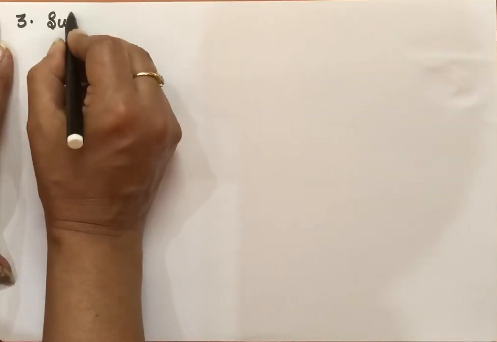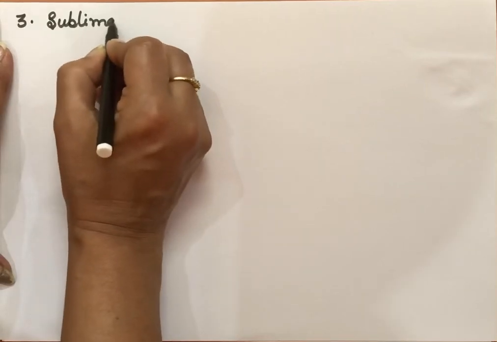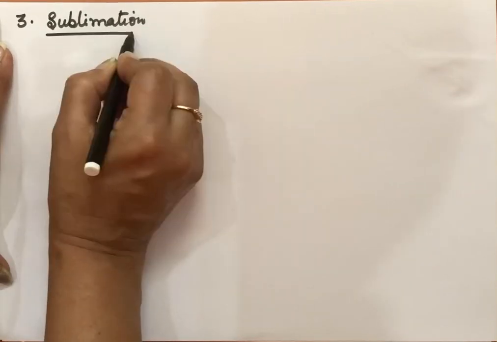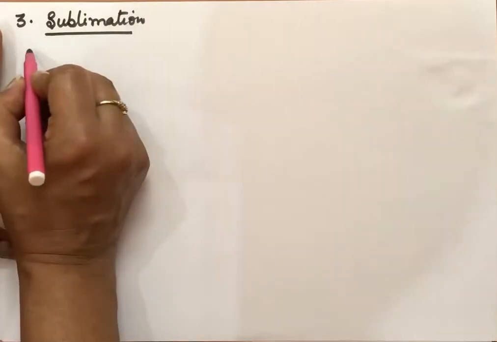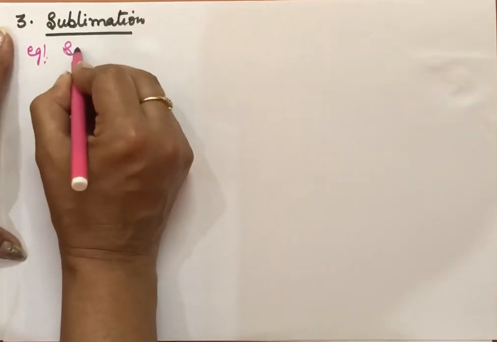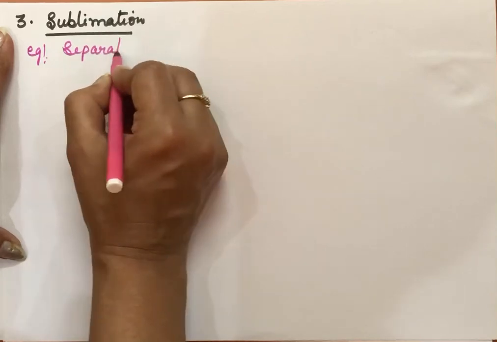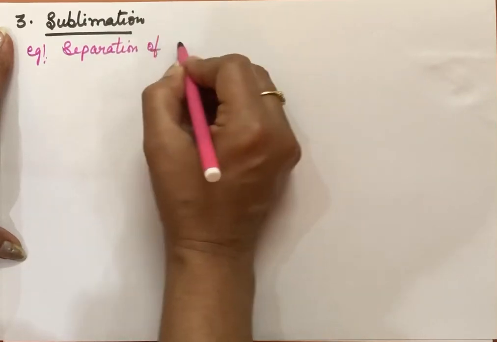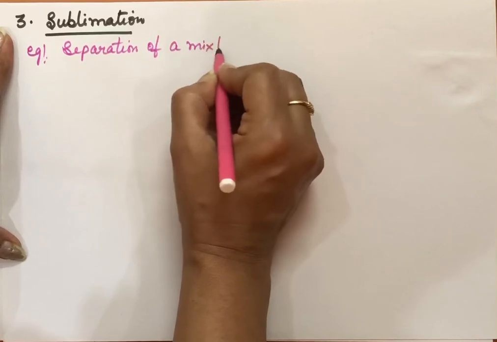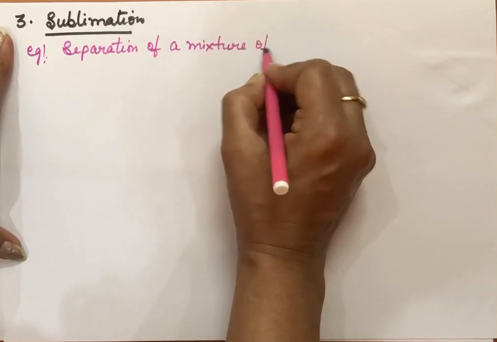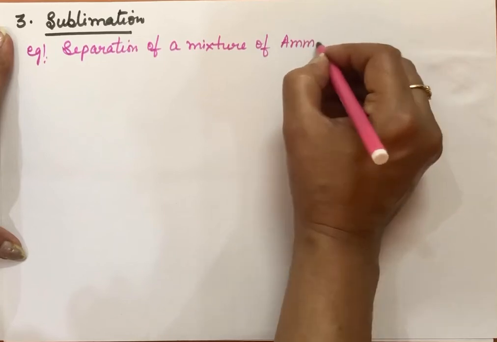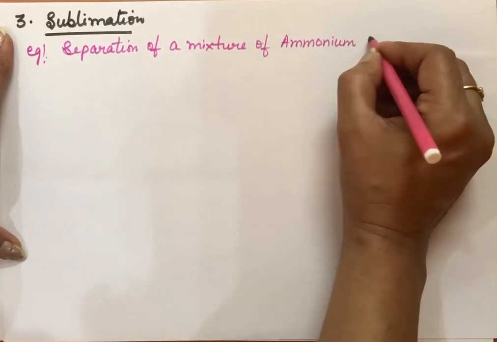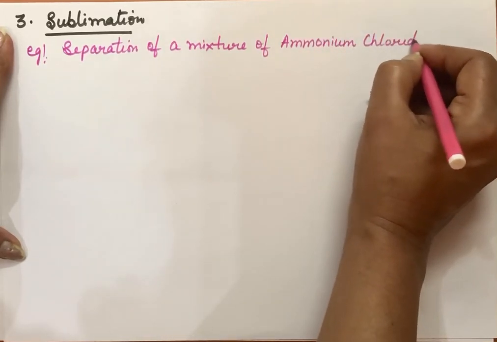Now moving on to the third technique here. This is sublimation. The example for sublimation I'm taking is separation of a mixture of ammonium chloride and sodium chloride.